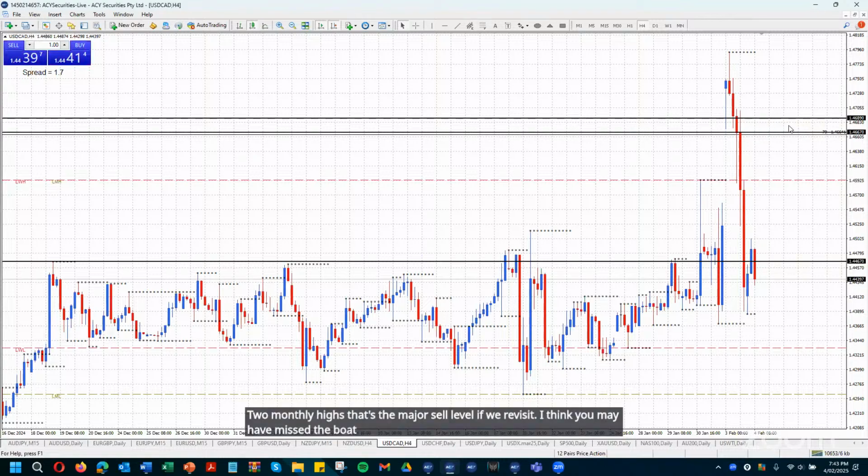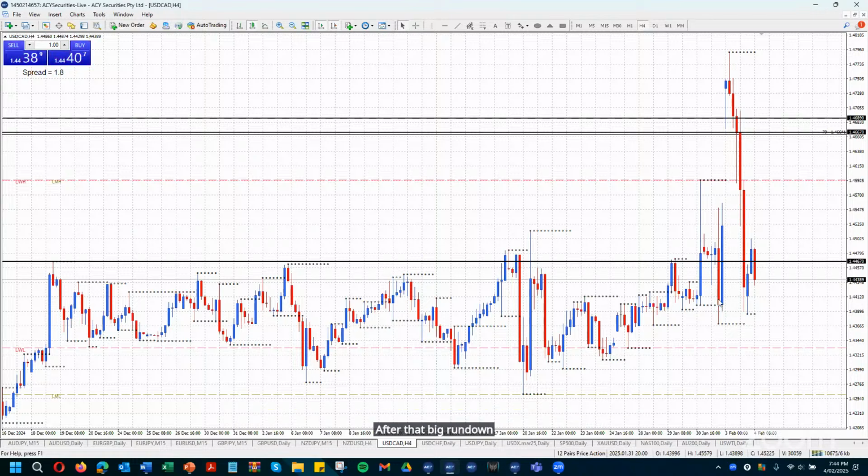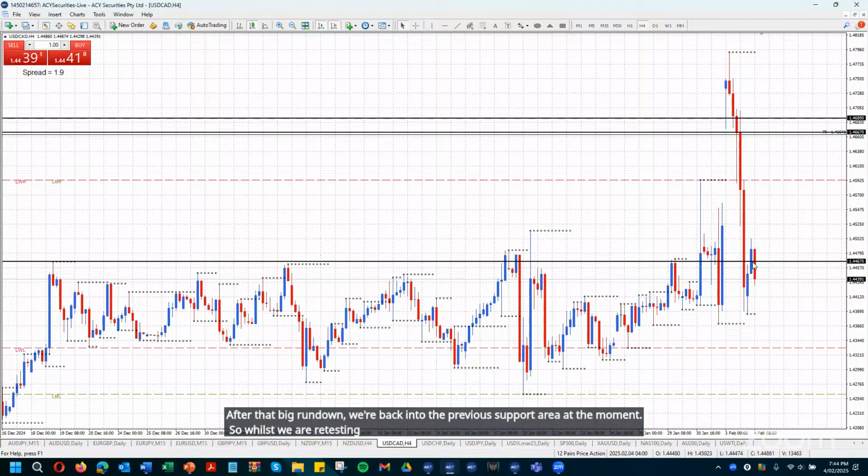We may not revisit there now, but if we were to revisit, you should be watching that level for a hard sell. After that big rundown, we're back into the previous support area at the moment. So whilst we are retesting 144.67 today and wanting to now hold below that high, it's a little bit difficult to sell because we're back down to the low levels once more, aren't we?